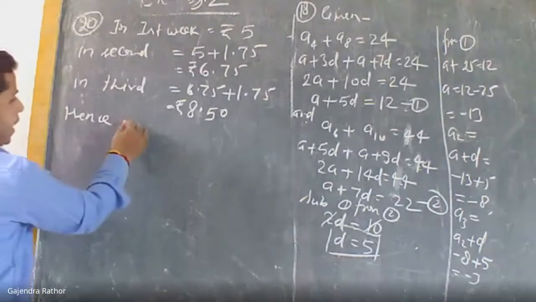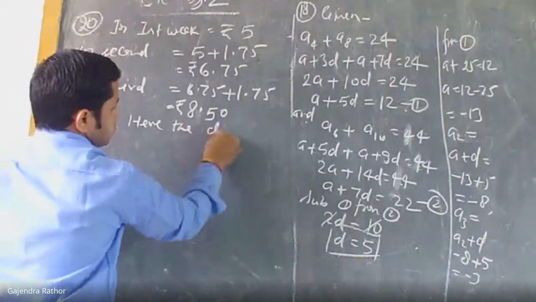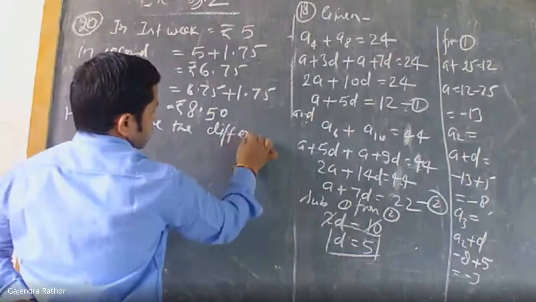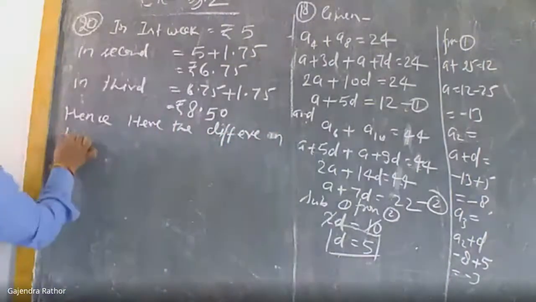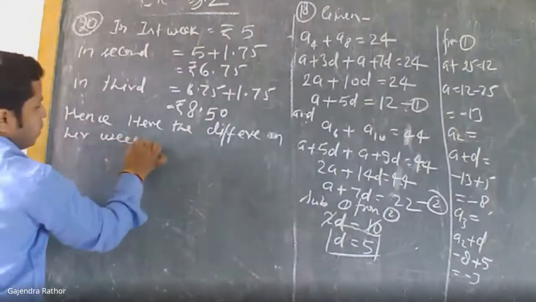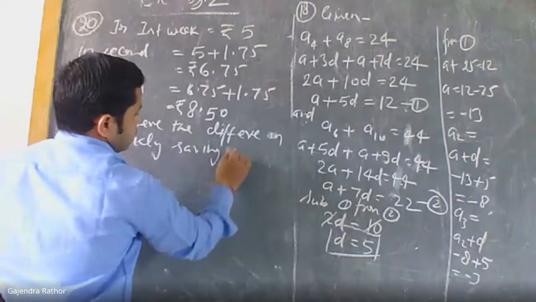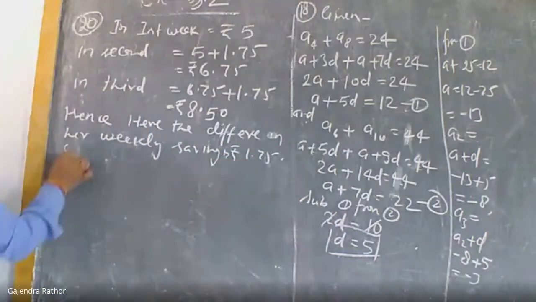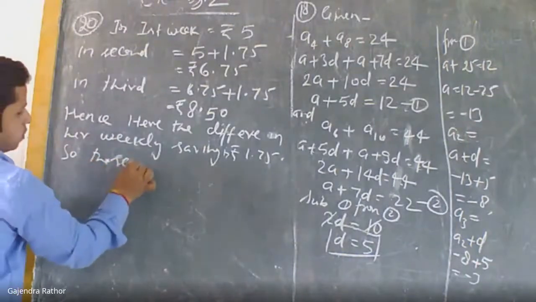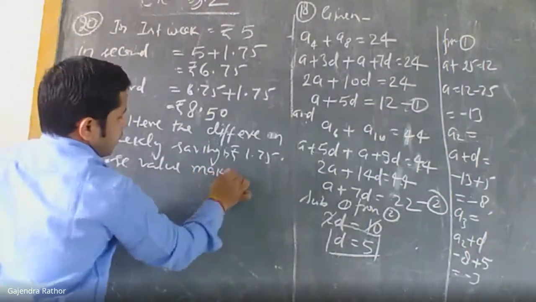So first we write: hence, the difference in her weekly saving is rupees 1.75. So these values make an AP.